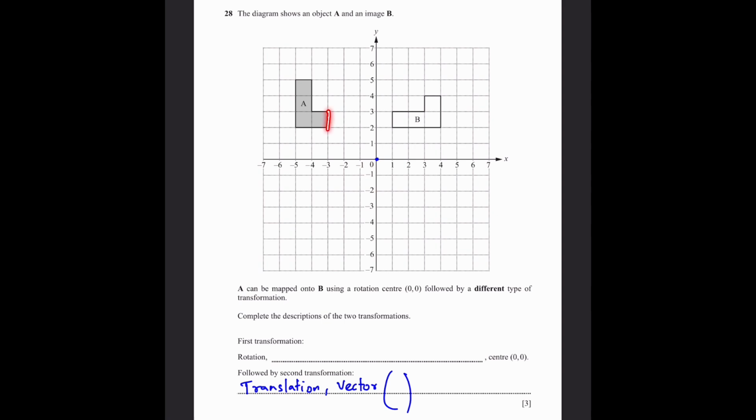This line turns over like this, and that's this line over here, which is 1 unit long. That means we can check it with the other lines. It'll be like this, like this. That means it's a 90-degree anti-clockwise rotation. So let's write that.